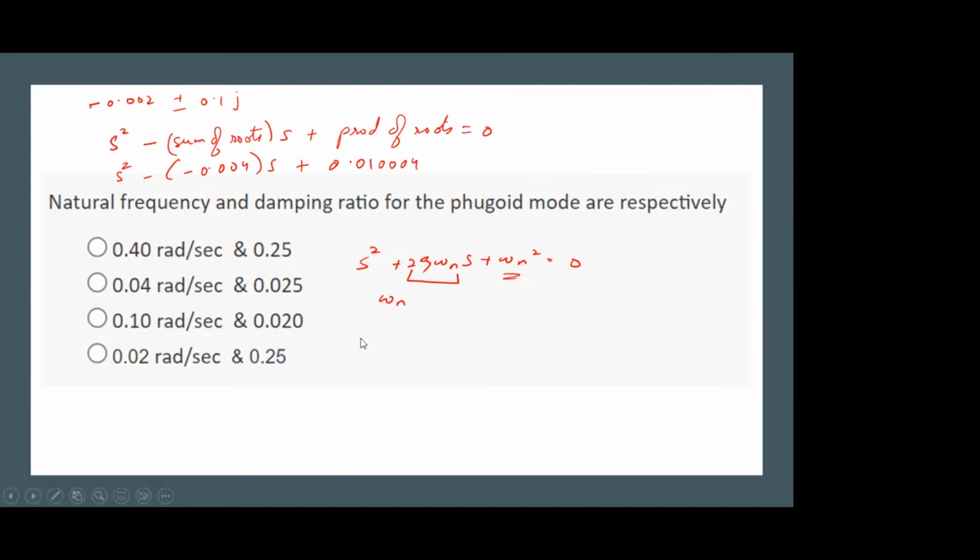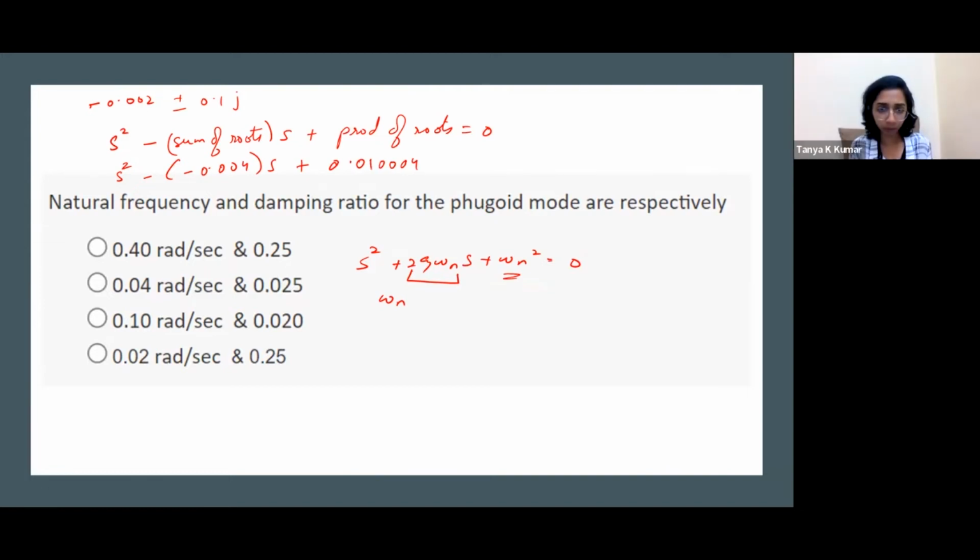Okay. So when you take the square root of that value, you get the natural frequency around 0.1. And then you do 2 eta omega n equal to 0.004.